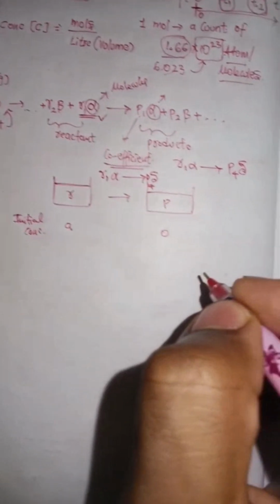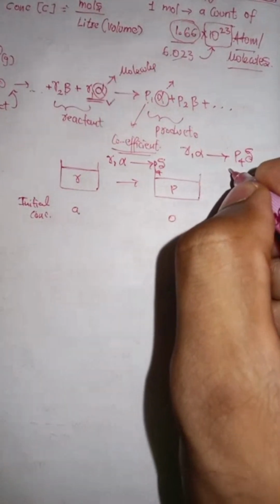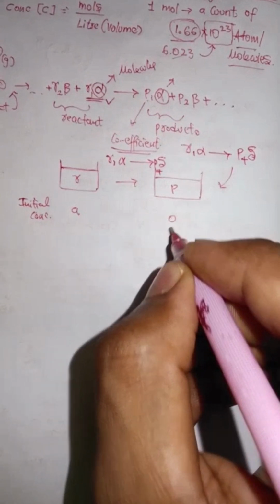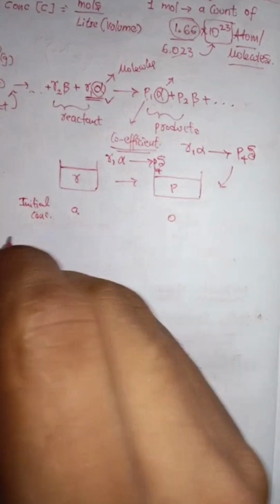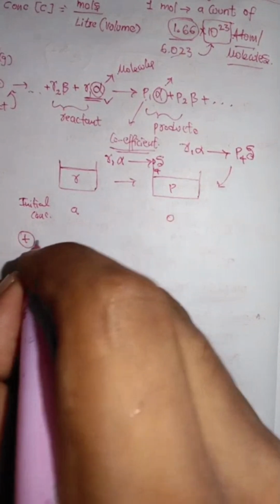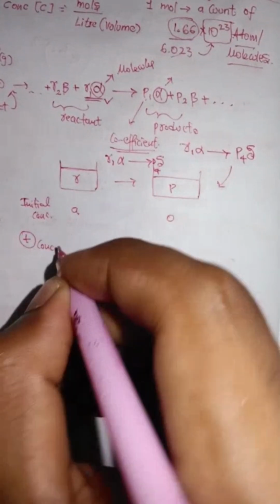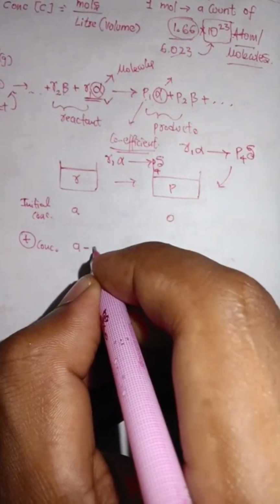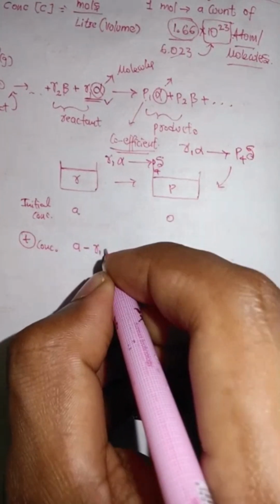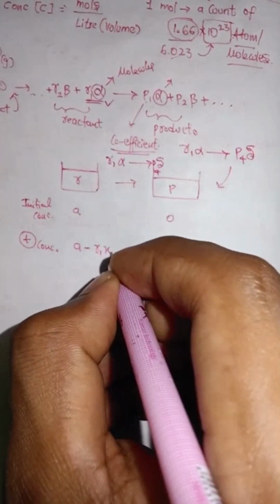And this is what happens for this reaction: the concentration of delta initially would be 0, and as the reaction proceeds, after time t, at this particular time the concentration would be R1 x. I will explain why this happens.